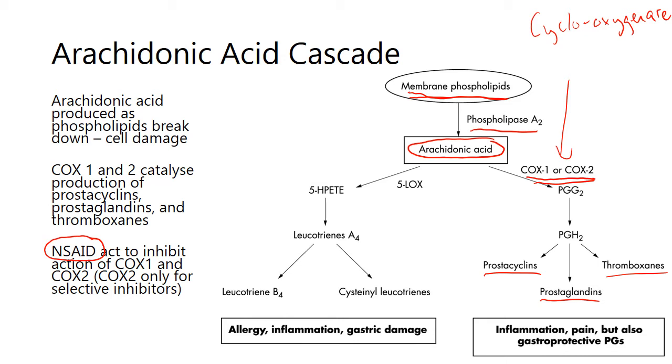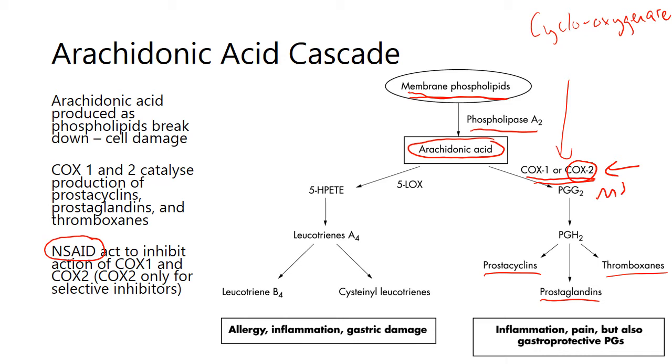However, cyclooxygenase 2 produces prostaglandins that are responsible for our inflammatory response and therefore part of our pain experience. And it's at this point that our NSAIDs are active.